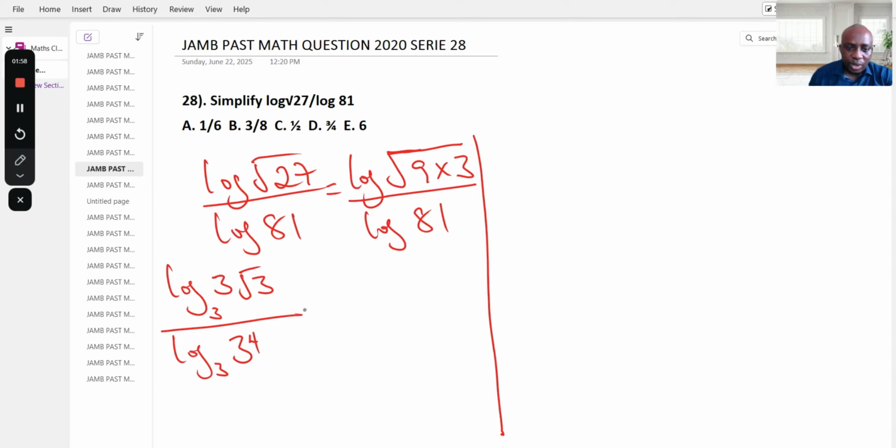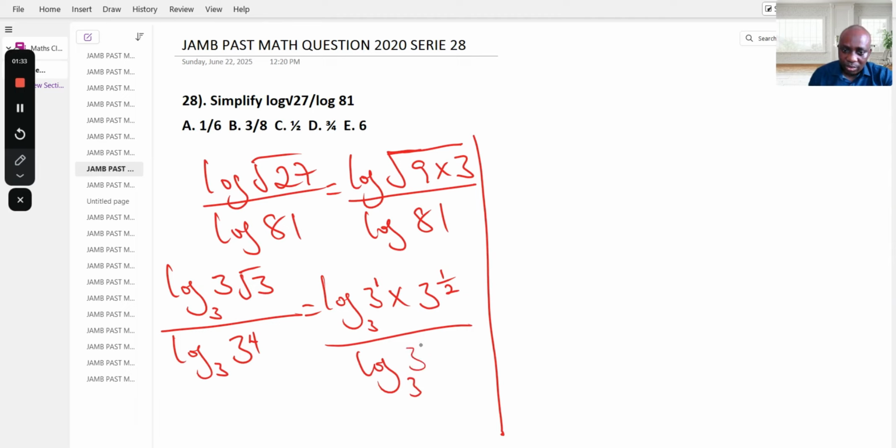Therefore, the next thing we are going to do here is let's expand this one. The square root on the 3 is the same thing as 3 raised to the power half. This one does not have anything, it means that there's an invisible power 1 there. Since it's 3 to the 1, therefore over log 3 raised to the power 3 over 4.